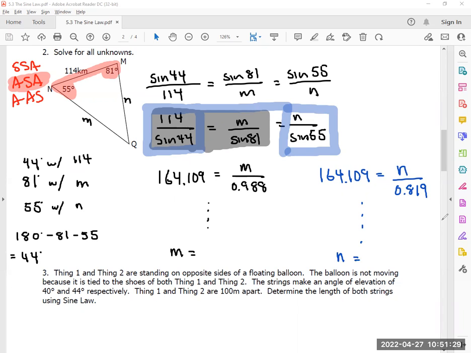Maria, question? How different? Did you do sine 44 first? Yes. And then maybe you rounded. Did you use 0.7? 114 divided by 0.694 is 164.2. It's close. I would be okay with that.